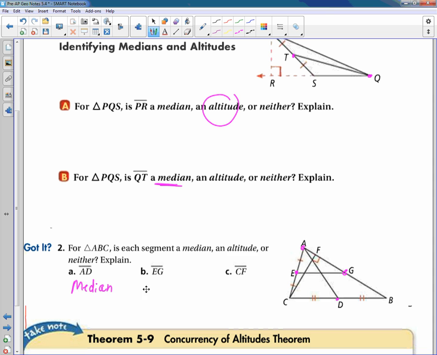If that is indeed a midpoint, it would be a mid-segment, although it doesn't look like we can really tell from here, so we might not be sure. And then CF goes from vertex to the 90-degree angle of the opposite side, so that would be an altitude for that one.